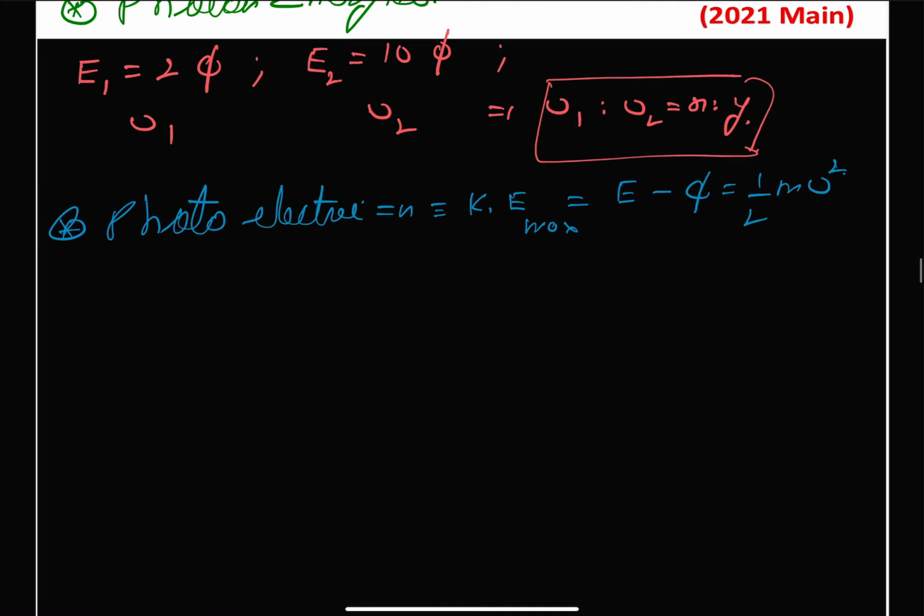So the kinetic energy for the first will be E1 minus work function, and E1 is 2 phi, so this comes as 2 phi minus phi, which is equal to phi, and this equals half m v1 square.